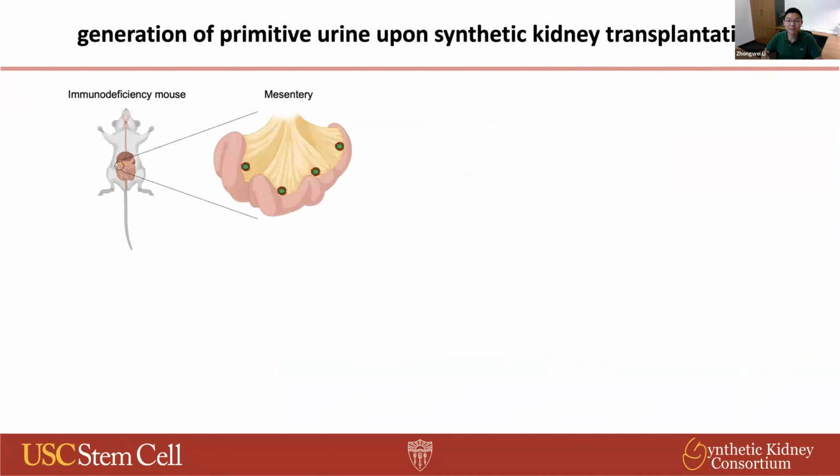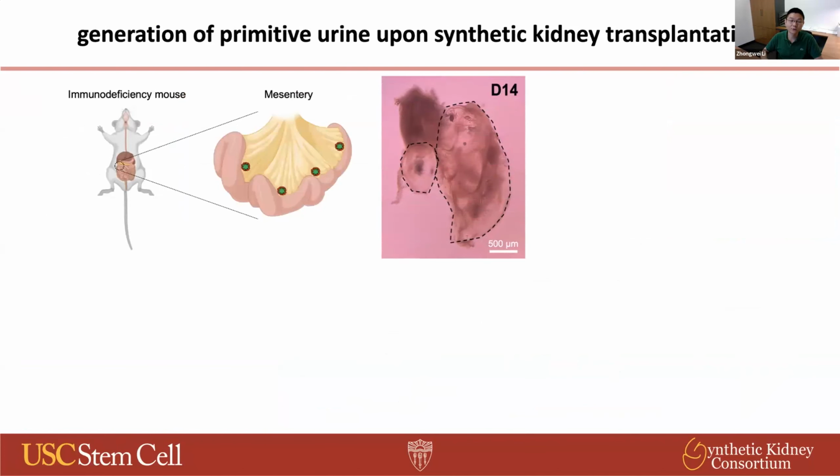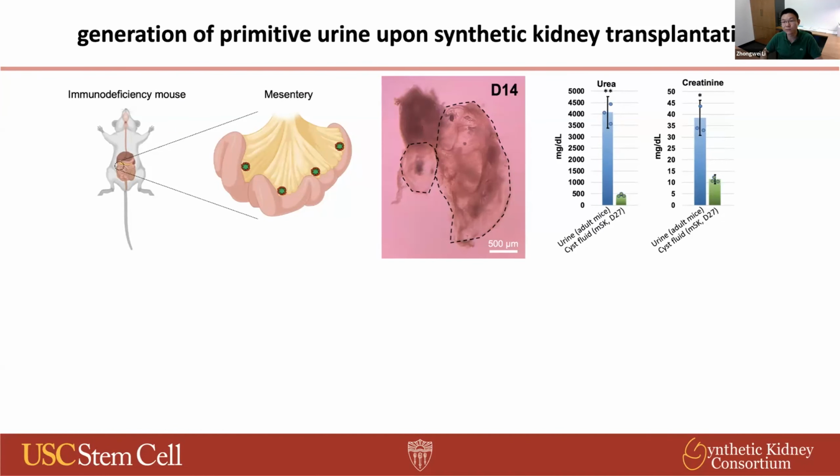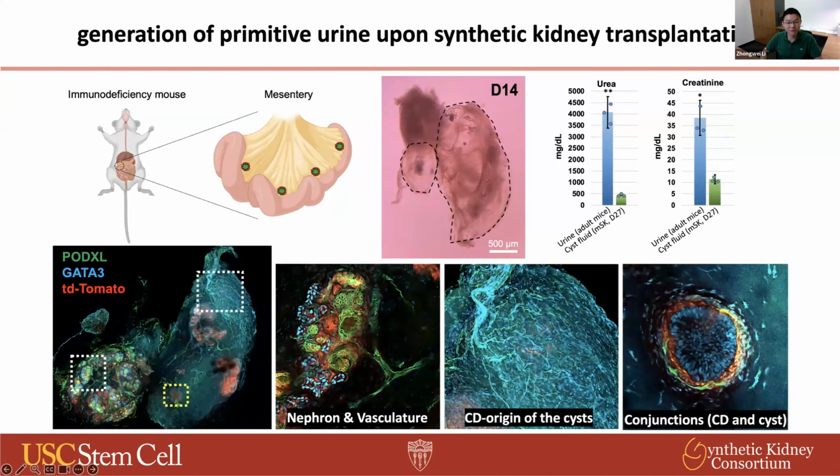We transplanted the synthetic kidney in vivo and found that it formed big cysts filled with fluid. This fluid is actually highly enriched in urea and creatinine, suggesting the production of primitive urine. And we also confirmed by whole mount staining the formation of vascularized nephrons.